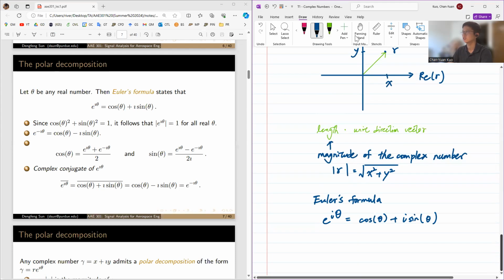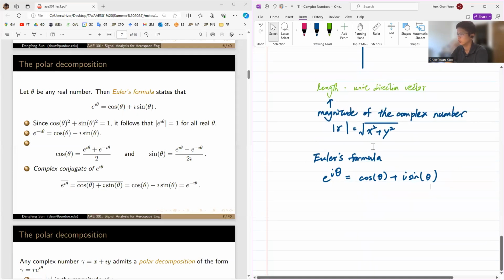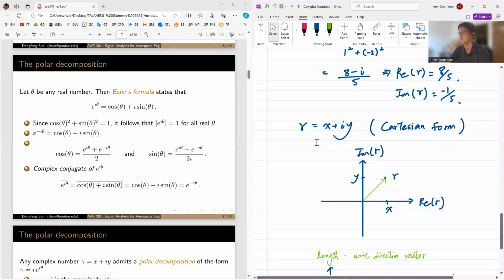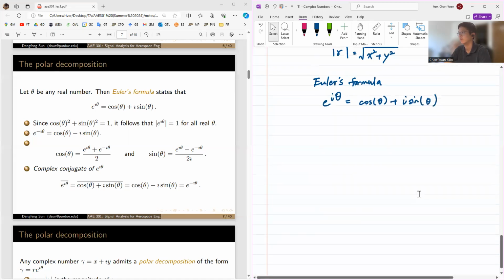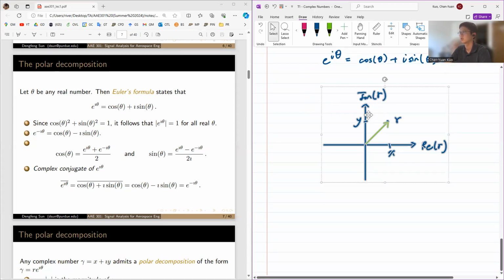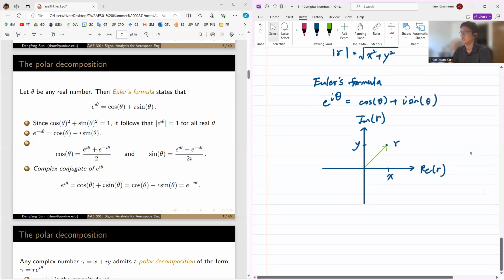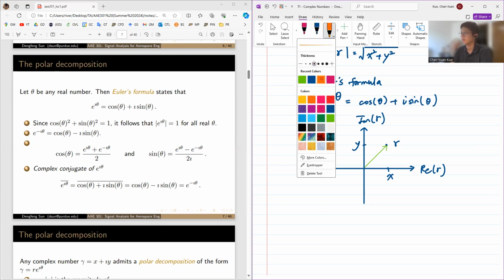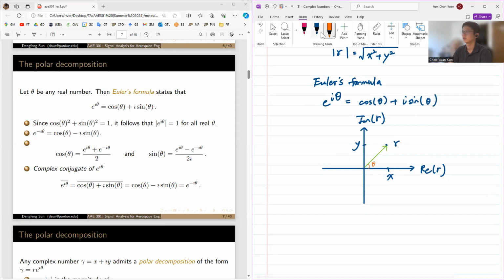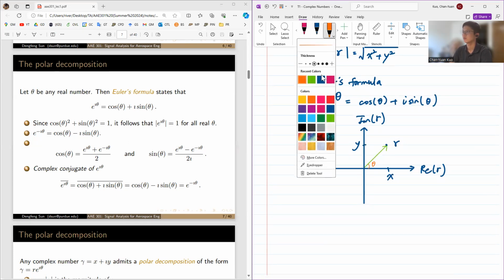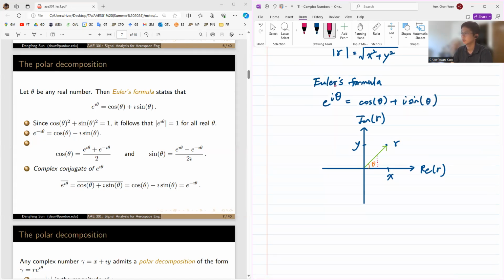So let's now draw this on the complex plane. Here we have the complex plane, and if this is theta, then this will be cosine theta, and this will be sine theta.